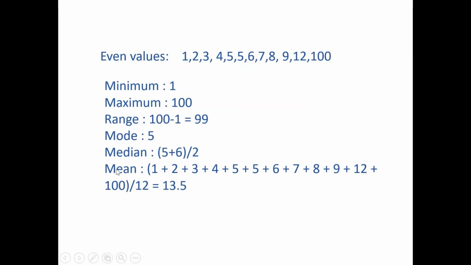But still, the mean comes out to be 13.5. That is because we are having this term 100 here. If we would have had 12, then the value would have been much smaller for mean. You can see that in the very next example. So here we have 12 values and the mean for these 12 values comes out to be 13.5 because we have one large number 100 present.